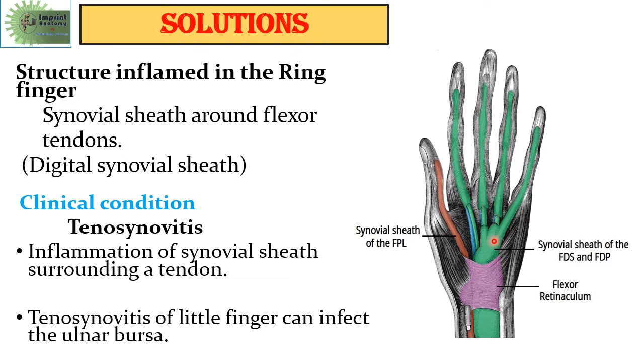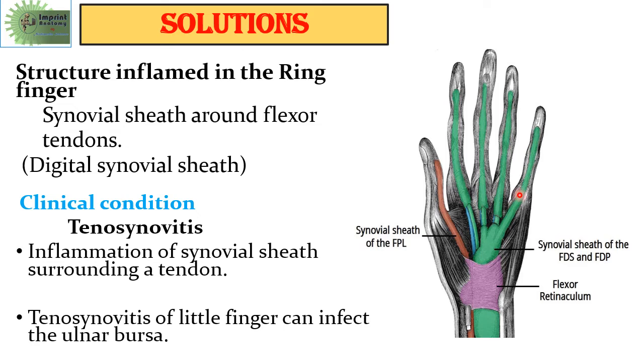So in this case, the synovial sheath around the flexor tendon is damaged. This is the common synovial sheath, which is also called the ulnar bursa, and you can see this tendon which is covered by another synovial sheath, and this is commonly called the radial bursa.